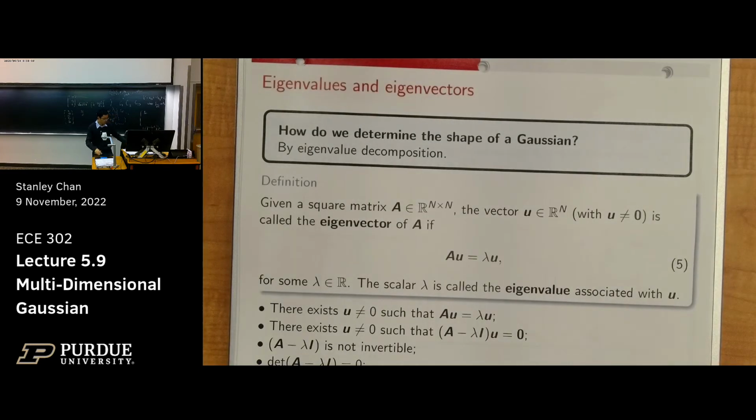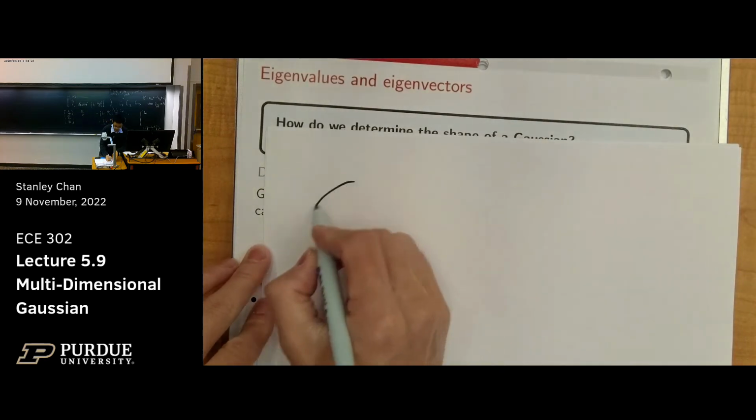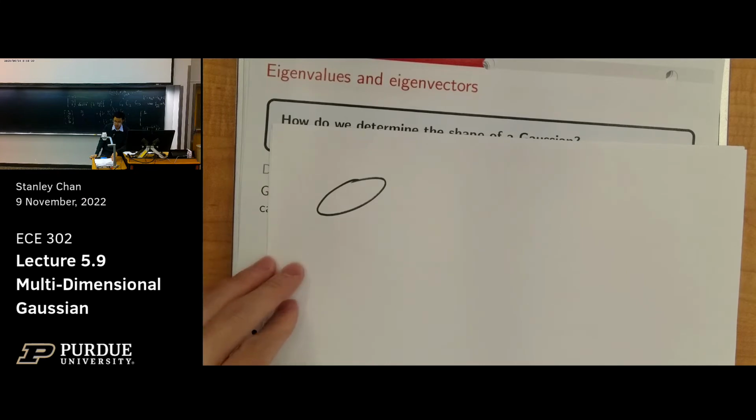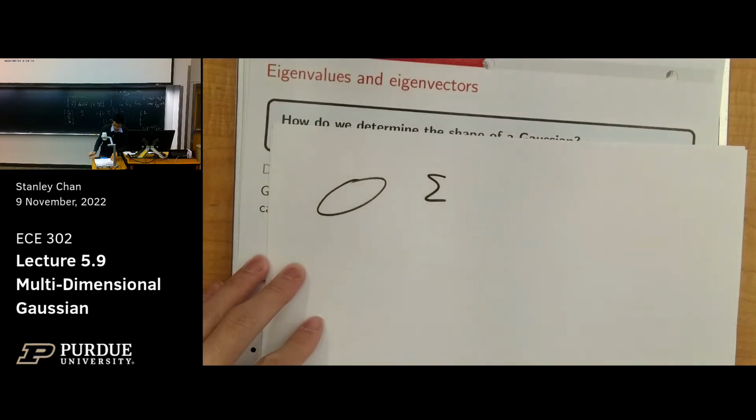Okay, so I want to talk about something that you haven't learned before. How many of you have learned Eigen Decomposition? One, two, at most. In order to analyze the orientation of this Gaussian, we need to look at the covariance matrix.